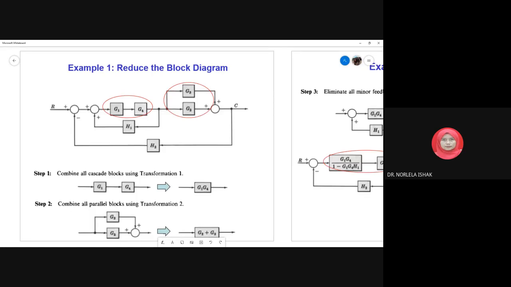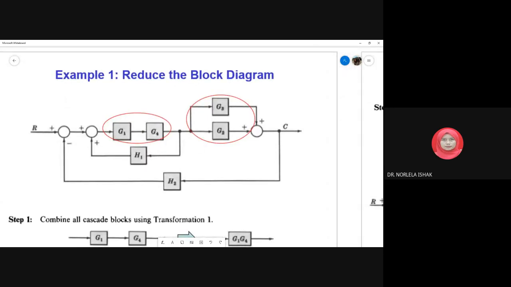First you have to define three types of connection: cascade, parallel, and feedback. So from this complex block diagram, what can you see? G1 and G2 are a cascade, right? So you can combine G1 and G2, like G1 and G4.